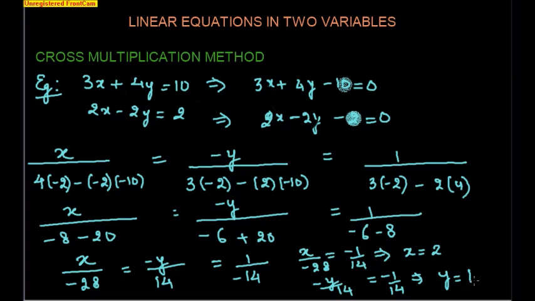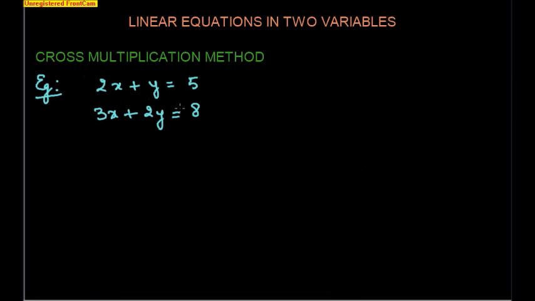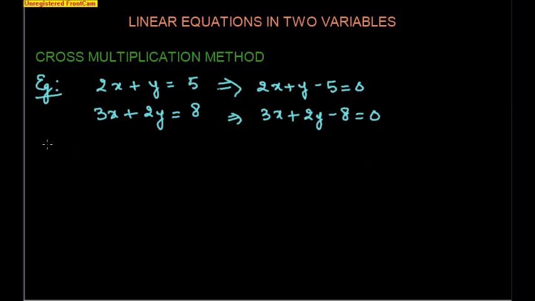Let's take one more example. Now, again, I write down these equations in the standard form. 2x plus y minus 5 is equal to 0, and 3x plus 2y minus 8 is equal to 0. So I write down x upon, minus y upon, and 1 upon.